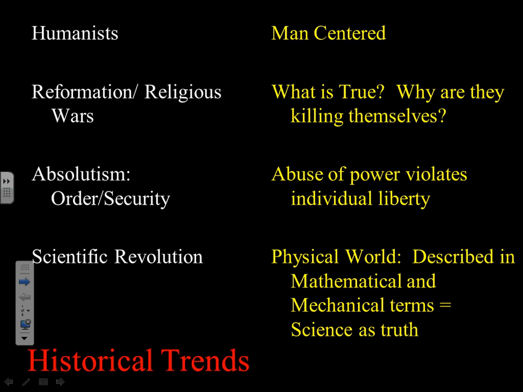So we started to recognize that power can be abused. And when it is abused, it tends to violate the individual rights and liberties that people aspire to. So that will become a trauma and a tension that we'll start to see people in our current unit, unit number 3, address with different political philosophies. And the other part of our unit is the scientific revolution.